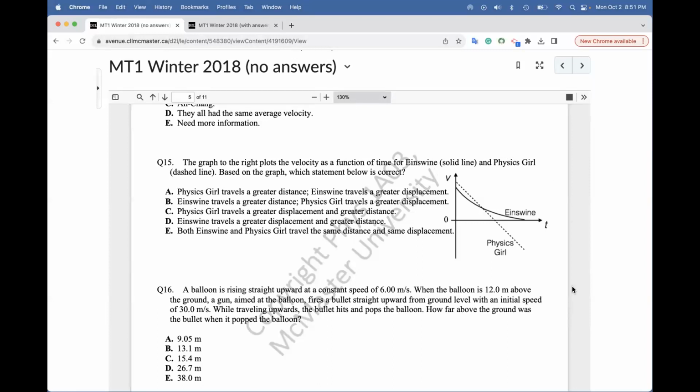And so our expression is y is equal to x plus 12, where x is the additional distance traveled by the balloon, and y is the total point of intersection distance.